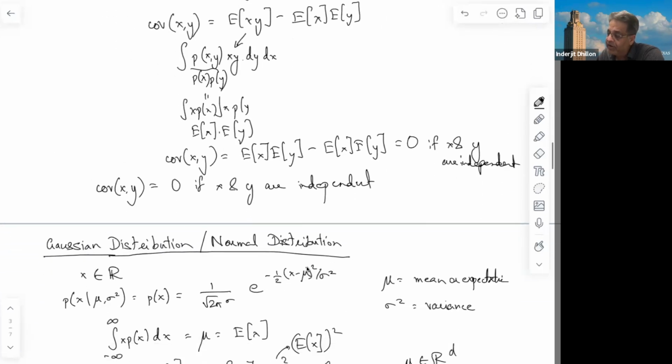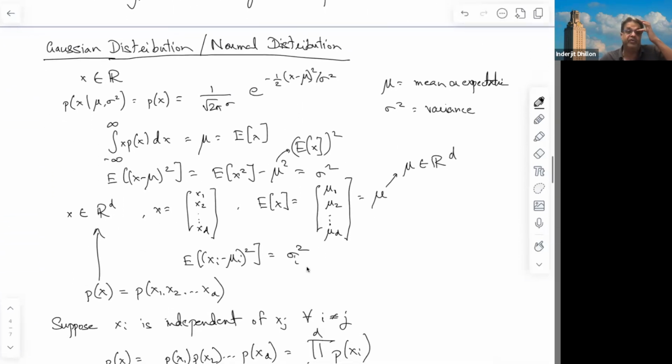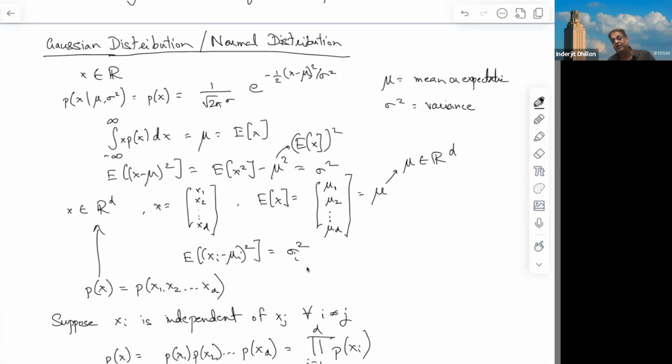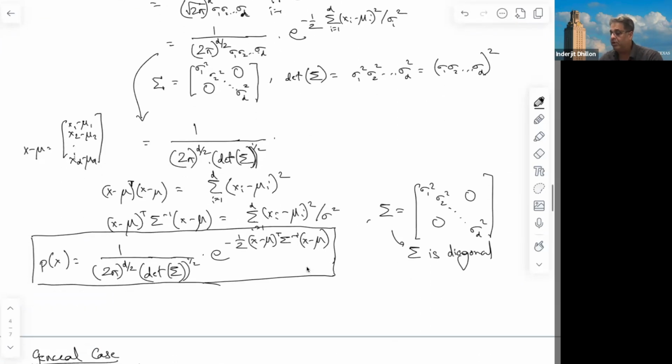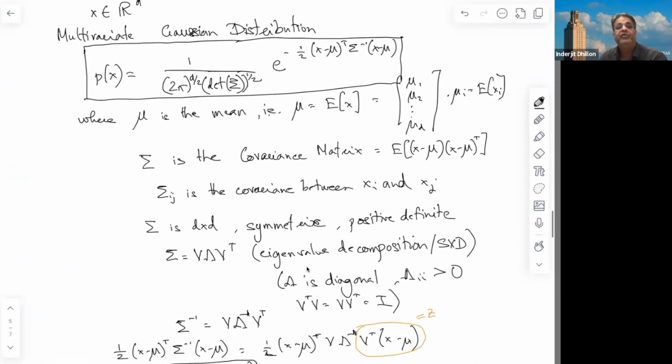Then we saw a particular distribution, which of course is ubiquitous, the Gaussian distribution. Many books will give you this formula directly, and they'll say that this is the mean and this is the covariance matrix.